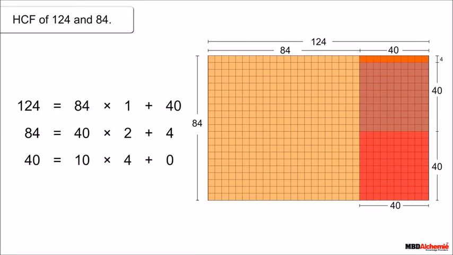In the figure we have a new rectangle of 40 by 4. Out of this rectangle, 10 squares of 4 by 4 have been taken out and no part or area is remaining. This means in both the methods, we have done the same thing. This method of finding HCF of two positive integers is called Euclid's division algorithm.